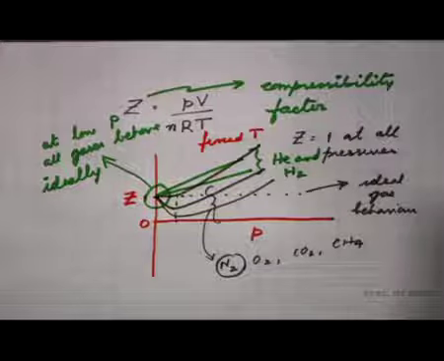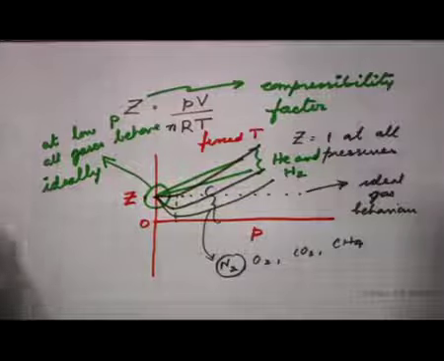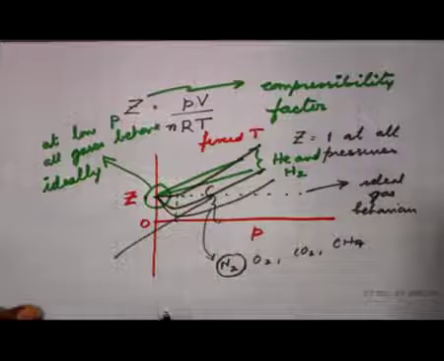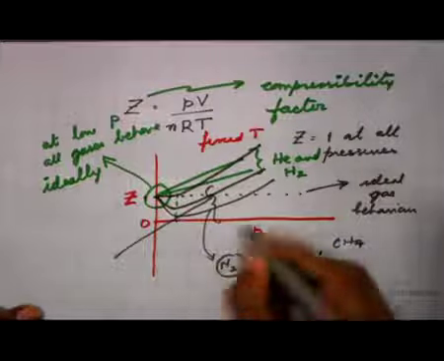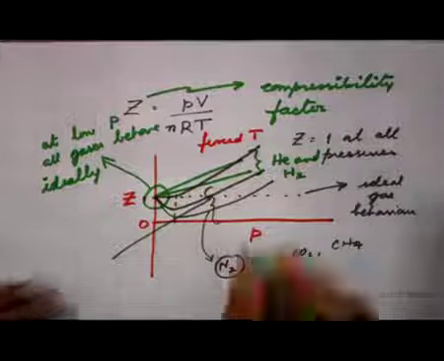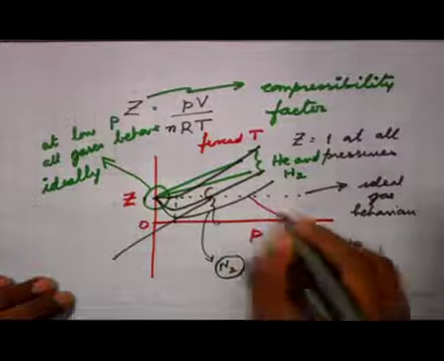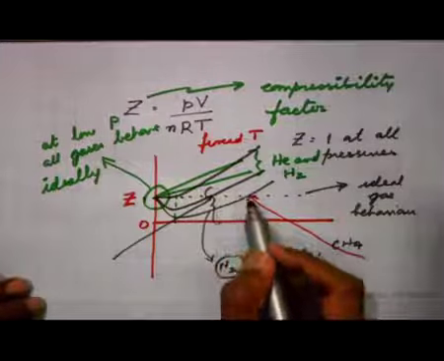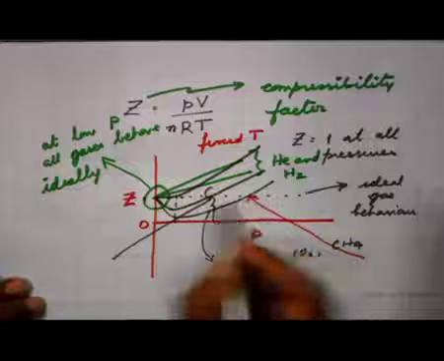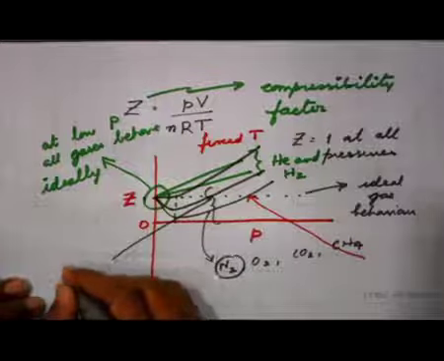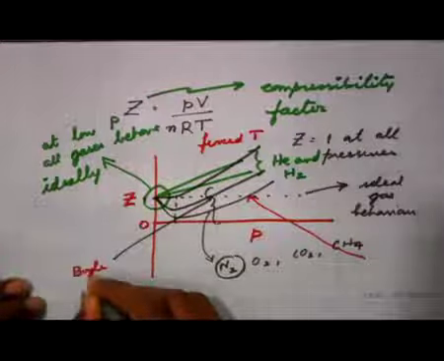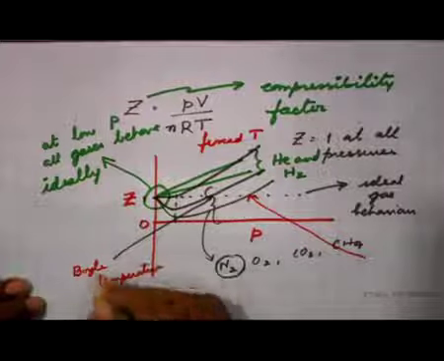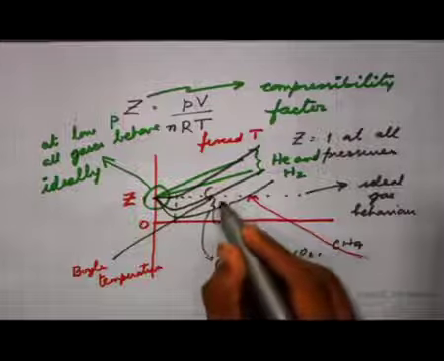So, the temperature at which, right, this point here or this point here, where Z is equal to 1 for the different gases, is called the Boyle temperature, and it varies for different gases.